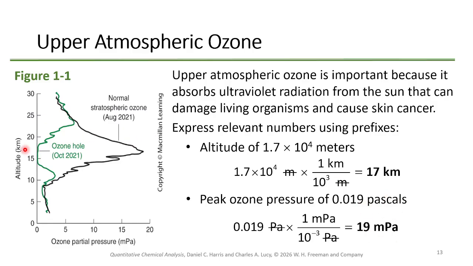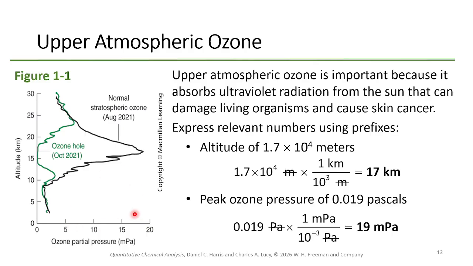And so right here, we actually see that completely. So we see here the altitude in kilometers. And then what we see is the pressure right here in millipascals. This is the ozone partial pressure, which is a direct correlation through the ideal gas law, right, of the amount of ozone you have at that layer.